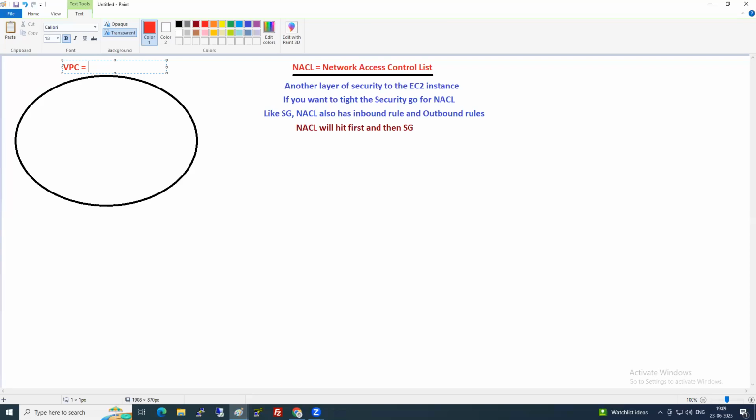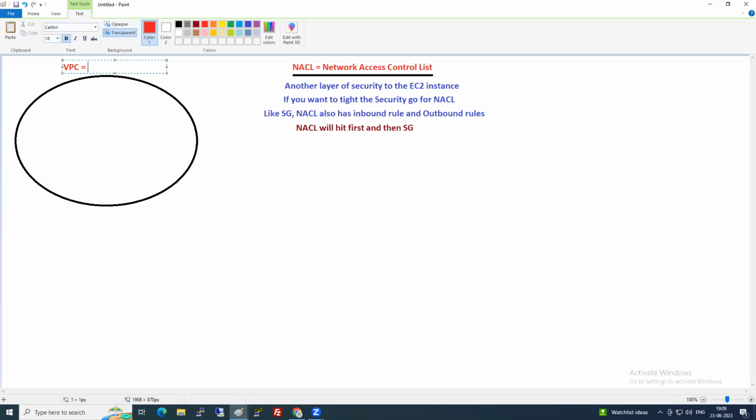You are launching an EC2 instance in the VPC only, no? Your EC2 instance will get an IP address. Yes or no? IP address will be provided by AWS. How does AWS know what type of IP address it has to provide?